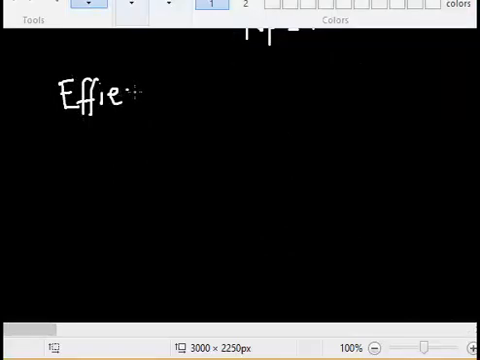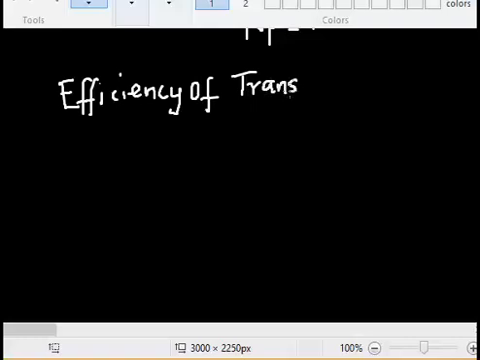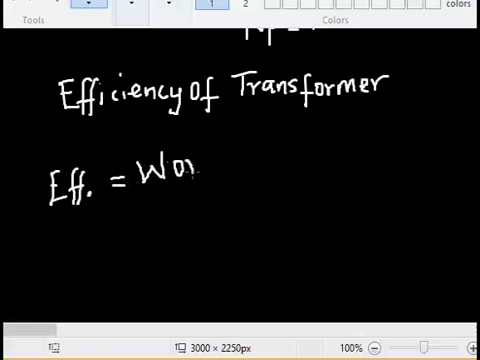The efficiency of a transformer is equal to the work output of the transformer divided by the work input of the transformer.